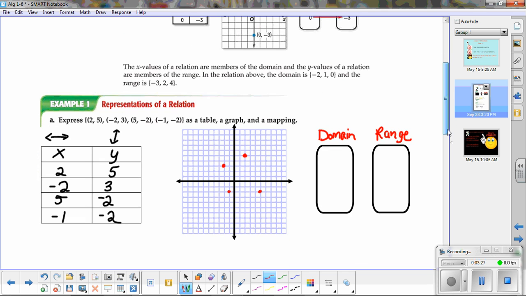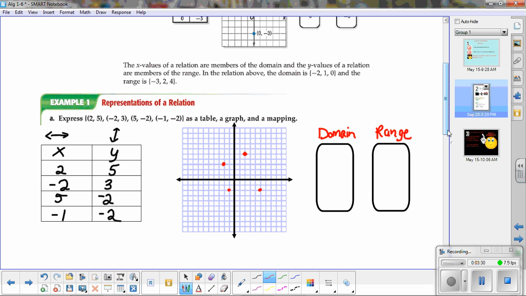We're going to go ahead and put in our domain numbers. Two, negative 2, 5, and negative 1.